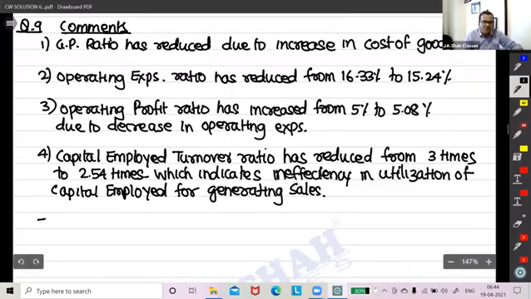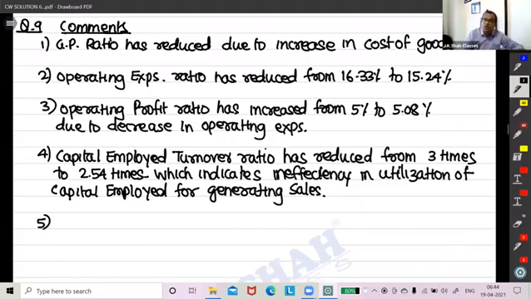Okay. Let's come to next now. Fifth one. What it says, stock turnover ratio. So how do you calculate? COGS upon average stock. And yes, we were able to do average stock this time. So the answer is what? 4.72 times and 3.87 times. Yes.